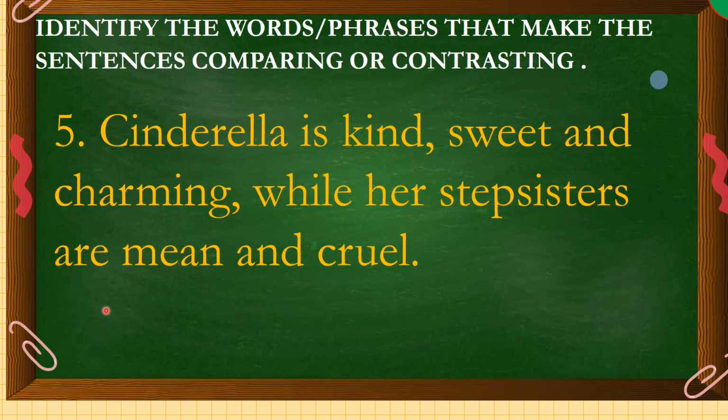Next number. Cinderella is kind, sweet, and charming, while her stepsisters are mean and cruel. And your answer is while. That's correct. Did you get it all perfect? That's very good.